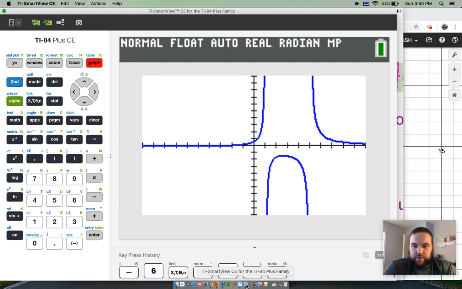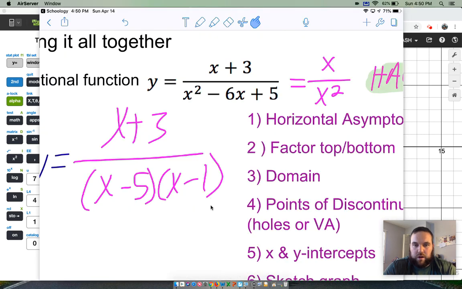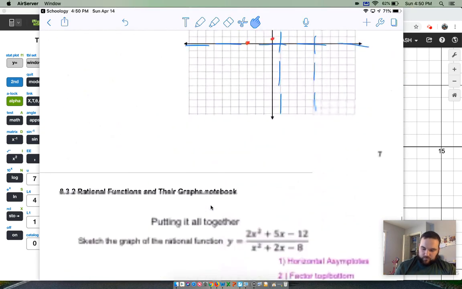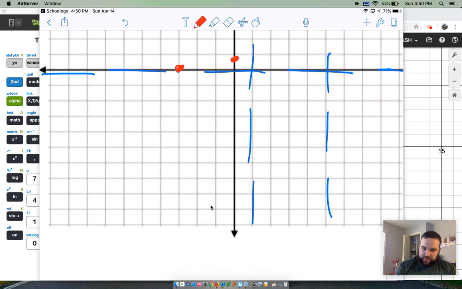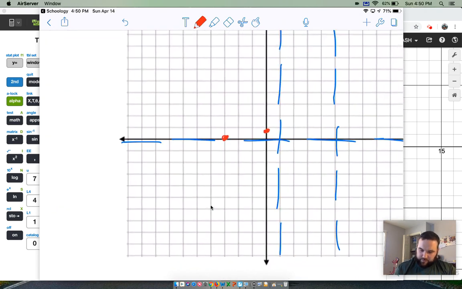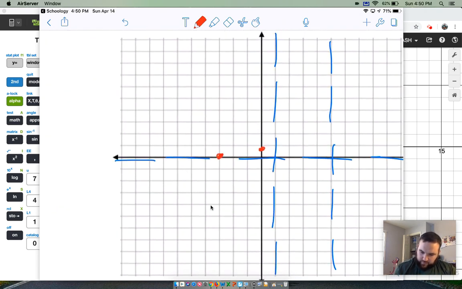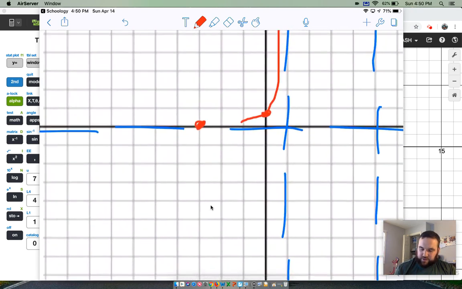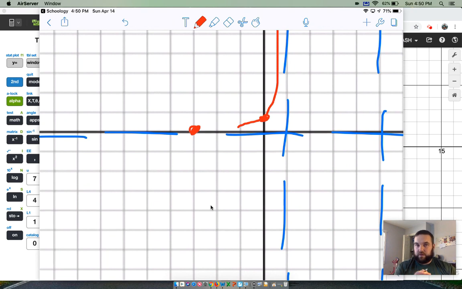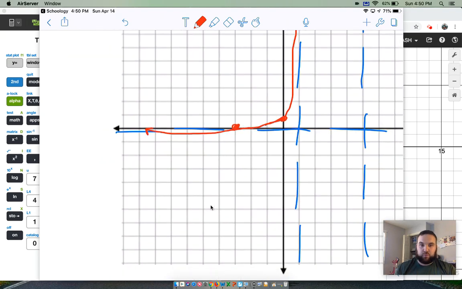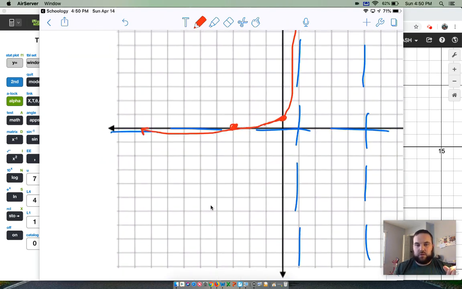Now, this is kind of a weird graph. So this is a vertical asymptote. What the calculator made very obvious is that it's something like this. And what's tough to see, and you would never be able to tell this without doing these calculations yourself, is that this graph is actually going to come down, cross through the x-axis, and then reapproach the horizontal asymptote.